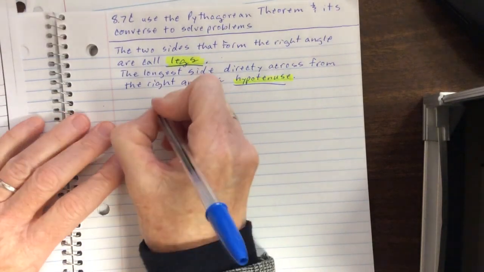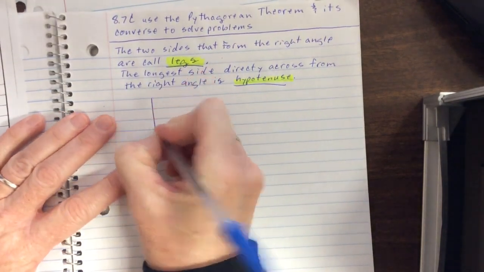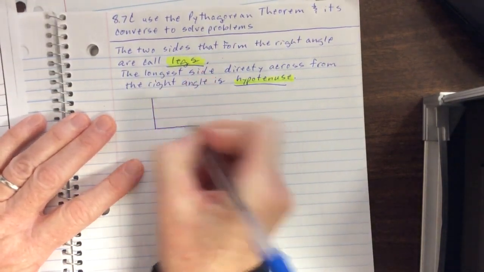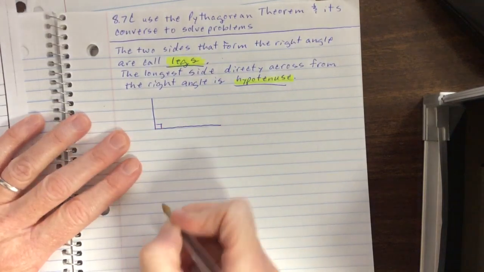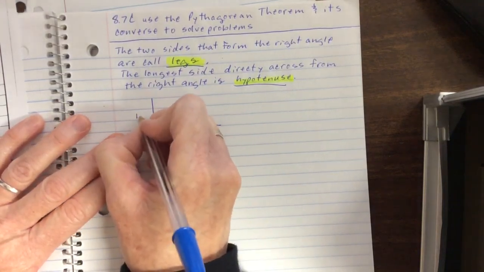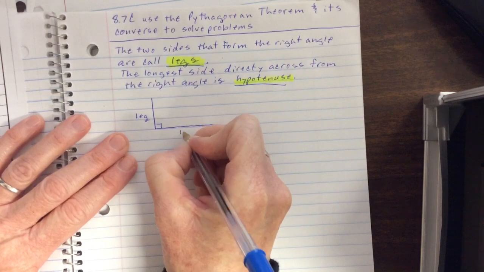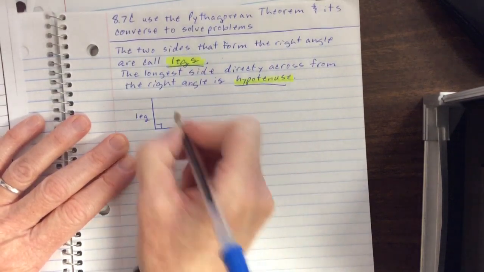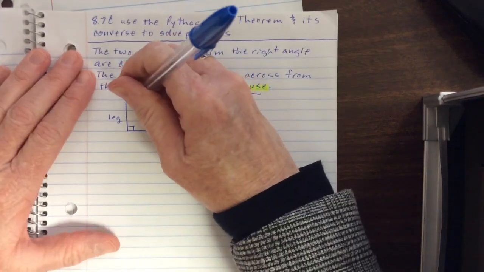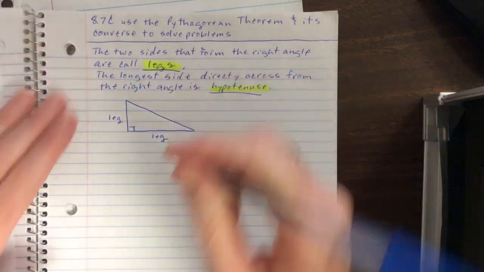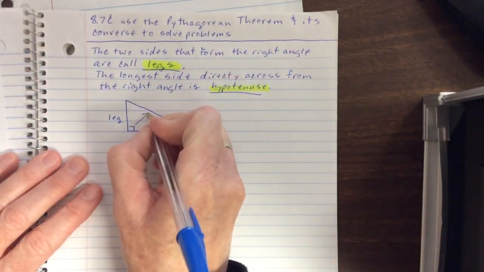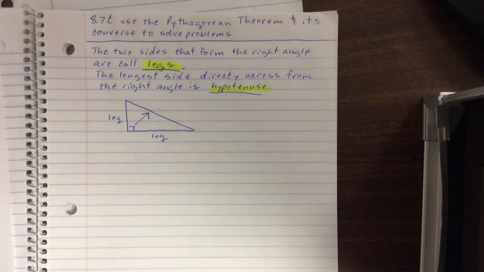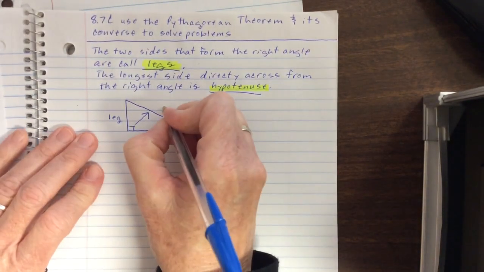Let's say you have this and then this. Here's your right angle. So we know this is a leg and this is a leg. And then right across from that, directly across, is your hypotenuse.